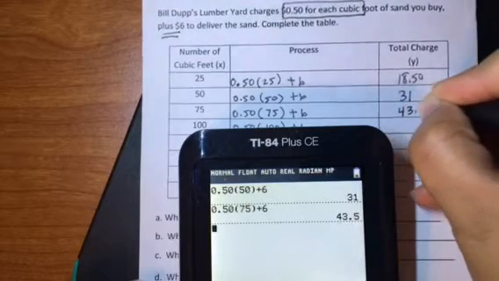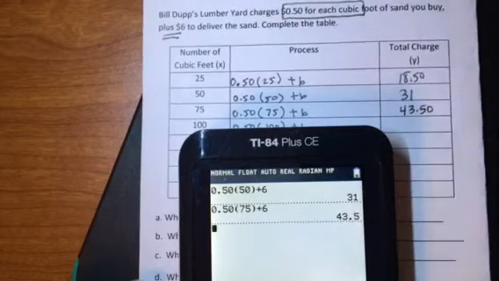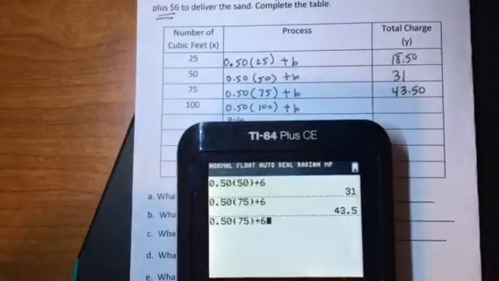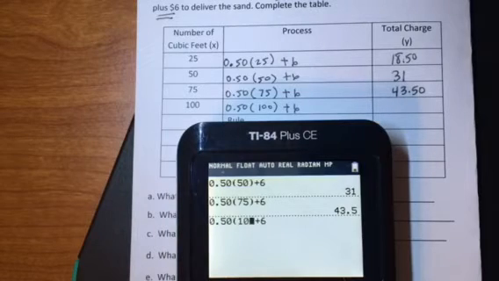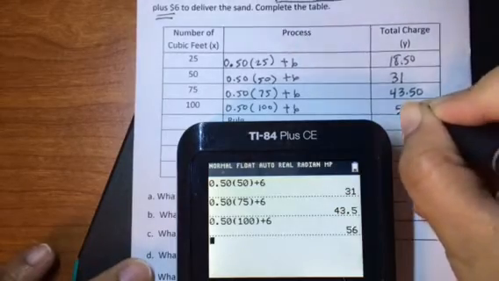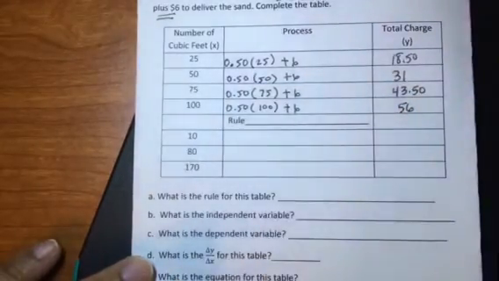Remember, we're dealing with money, so we do need that 0 at the end. And then our last one is 100. So this is 56. So what would our rule be?